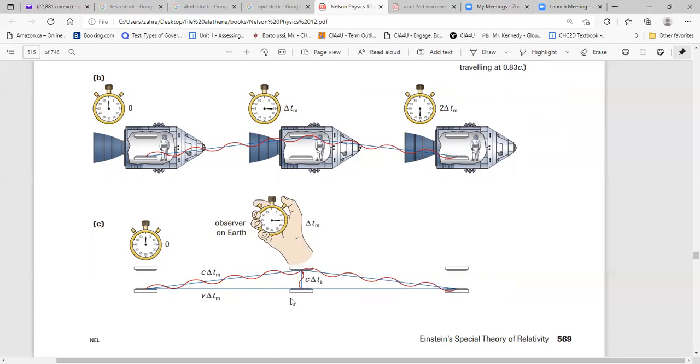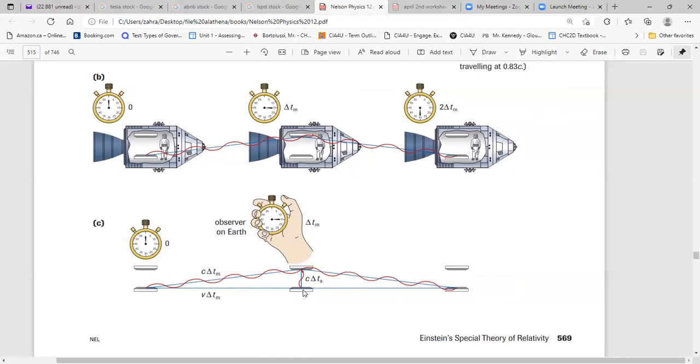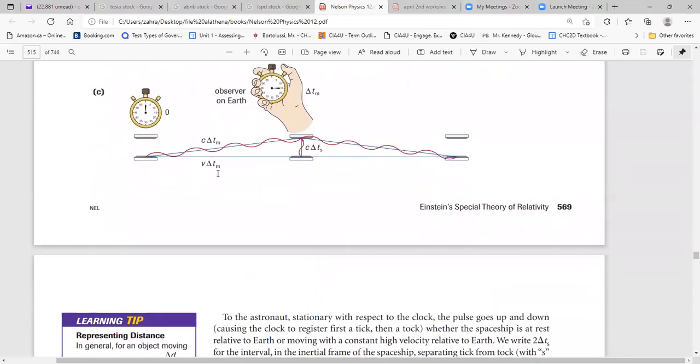From here to here is the distance the spacecraft moved relative to the observer outside on Earth. We are moving at the speed v, and delta Tm is measured on the Earth. Now, here we have a right angle triangle. We can use the Pythagorean theorem: (v delta Tm)² plus (c delta Ts)² is equal to (c delta Tm)².